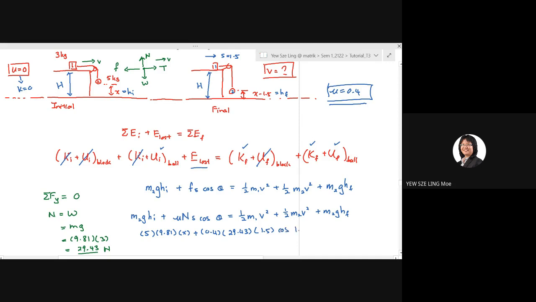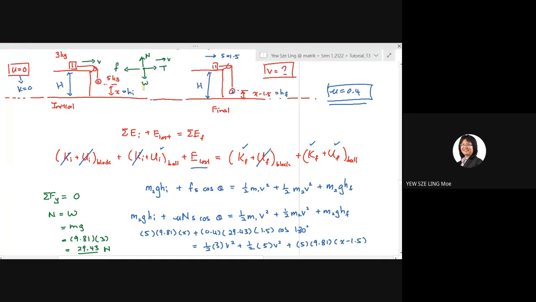It equals 1/2 times 3 kg v² plus 1/2 times 5 kg v² plus 5 times 9.81 times (x minus 1.5).